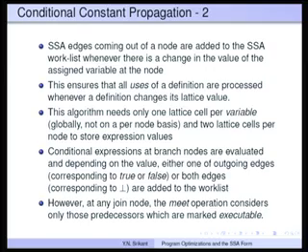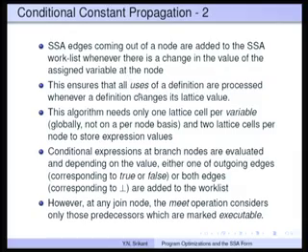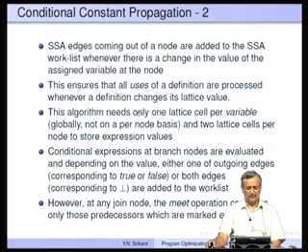So, traversal of the flow graph again and again would be necessary in order to actually process that particular node. If this happens, the amount of time that is needed for the algorithm becomes very high. So, that is the advantage we have in the case of conditional constant propagation with SSA form.